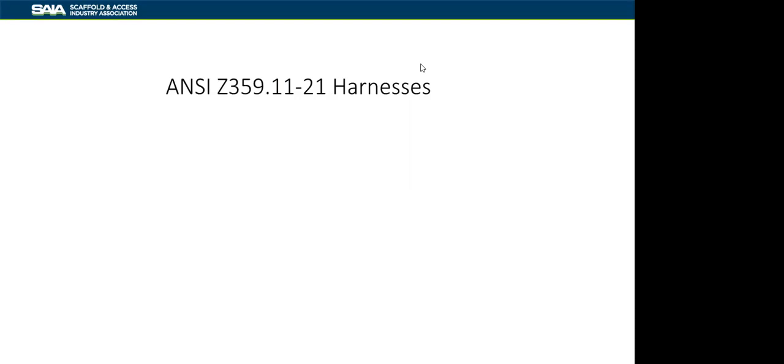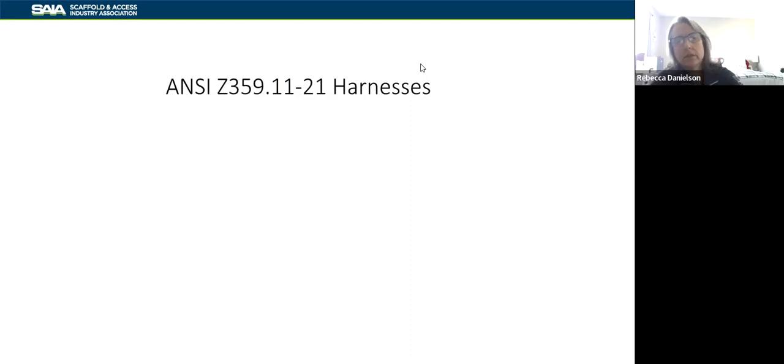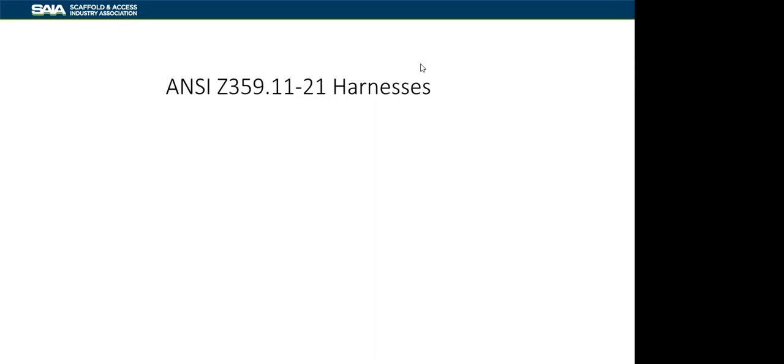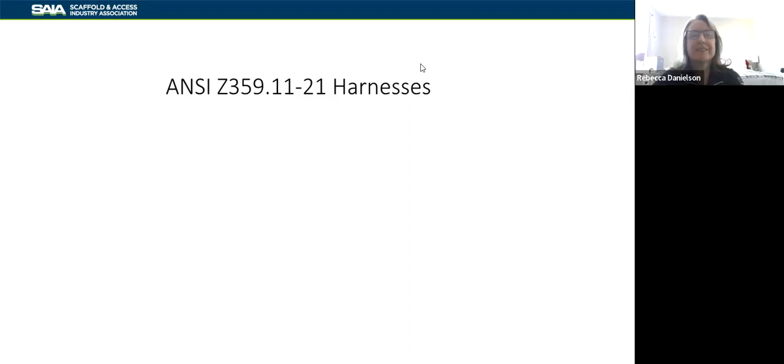So it'd be 6, or does it be 12? Well, it depends on what the manufacturer's arrest distance is with the SRL. Remember, SRLs lock off differently than if you were using a lanyard. Okay. Dan jumped in. He's helping me out. Yeah, it's 6 feet.